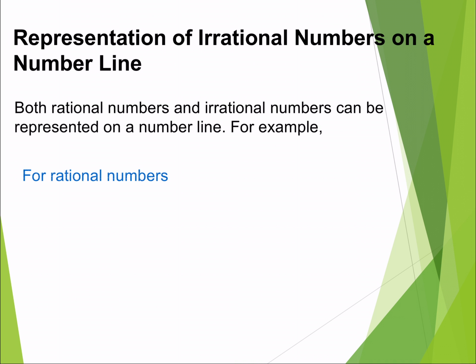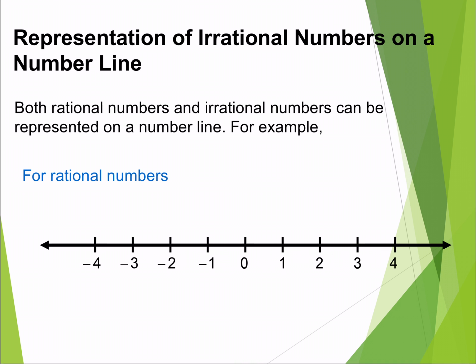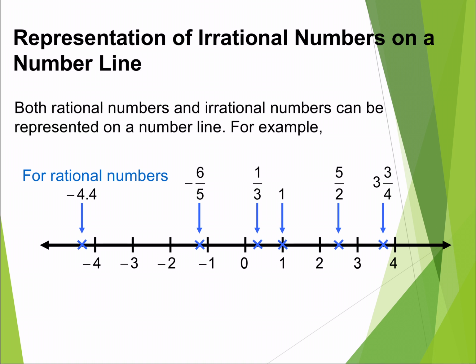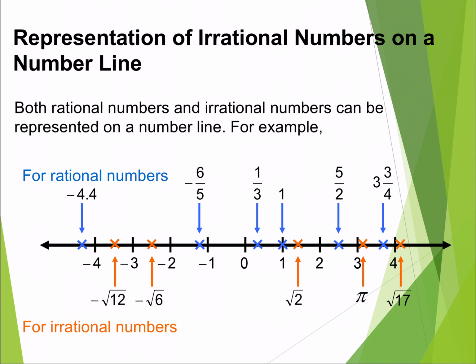Okay. So for rational numbers, we can represent the position on the number line exactly, right? For example, -4.4, you can locate on the number line. 5/3, 2.5, you can locate on the number line. But how about irrational numbers? Can you locate them on the number line?